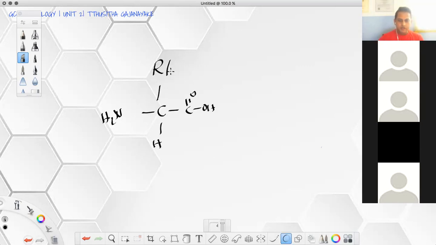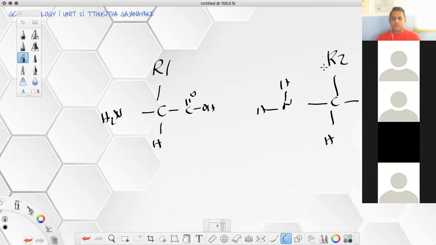So I write here R1, they are different. Second amino acid, here. It's different because this group is the only changing group in an amino acid.